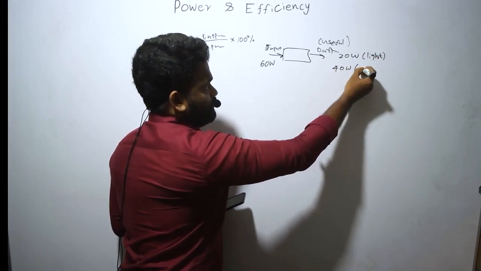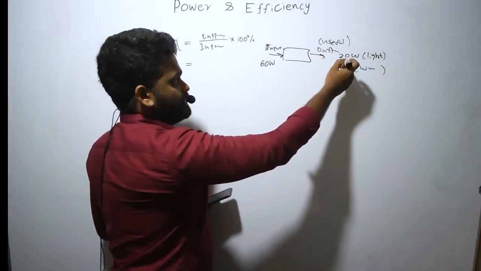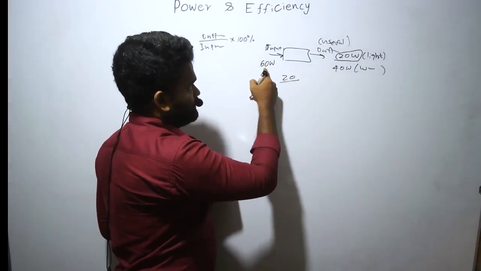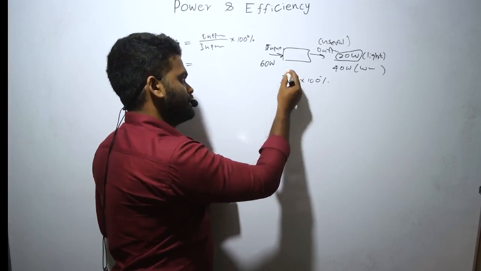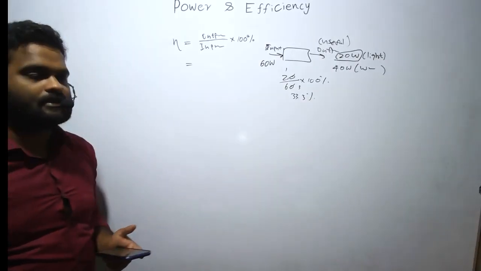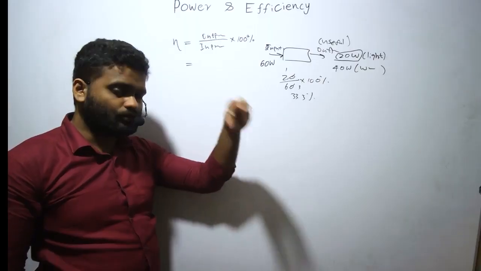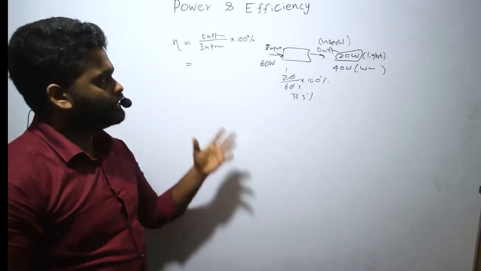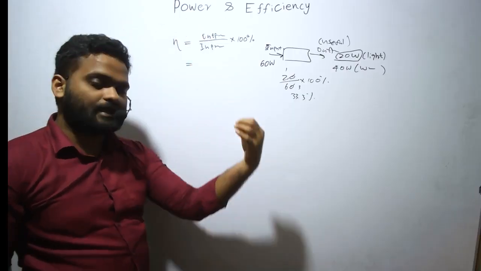Then the 40 watts is wasted as energy. So the efficiency of the bulb is the useful power, 20, over the input, 60, multiplied by 100%. So 1 over 3, which is about 33.3%. That's the efficiency of the bulb. This output means useful energy, useful power. In practical cases, the output is always less than the input.